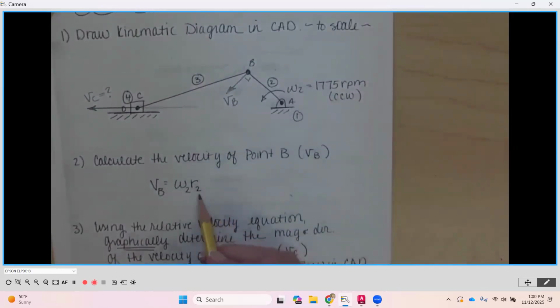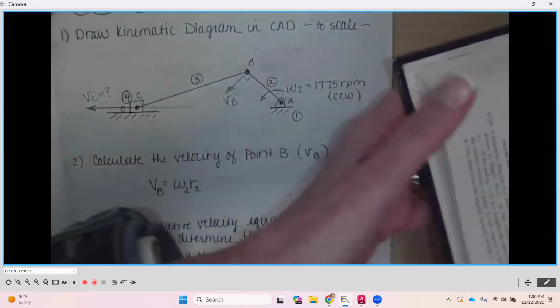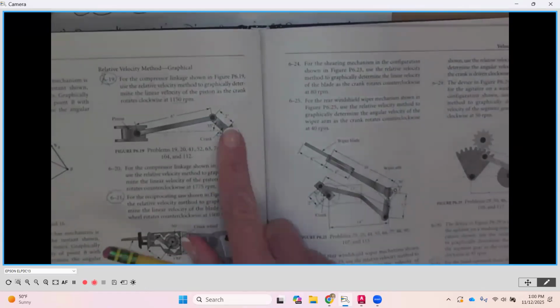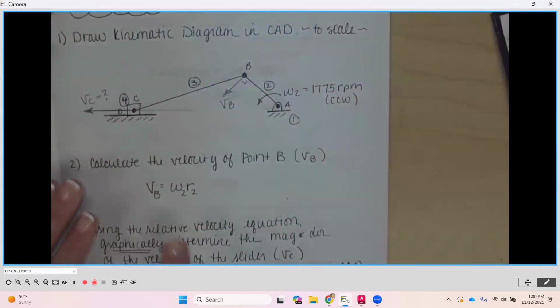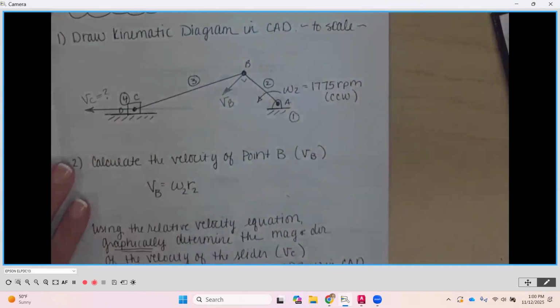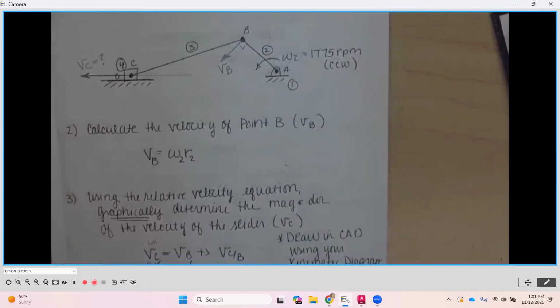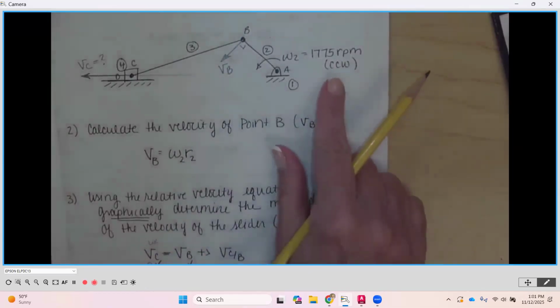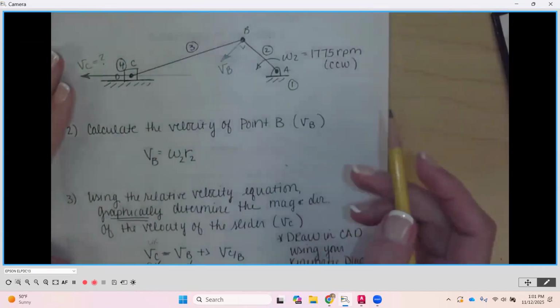We know R2, the distance from the center of rotation out to B, and that was 2 inches, right, from our problem. So we know these two quantities. We can calculate the magnitude of the velocity of B. Go ahead and do that. Before you do, make sure you put your W2 into radians per second. Don't use 1775.